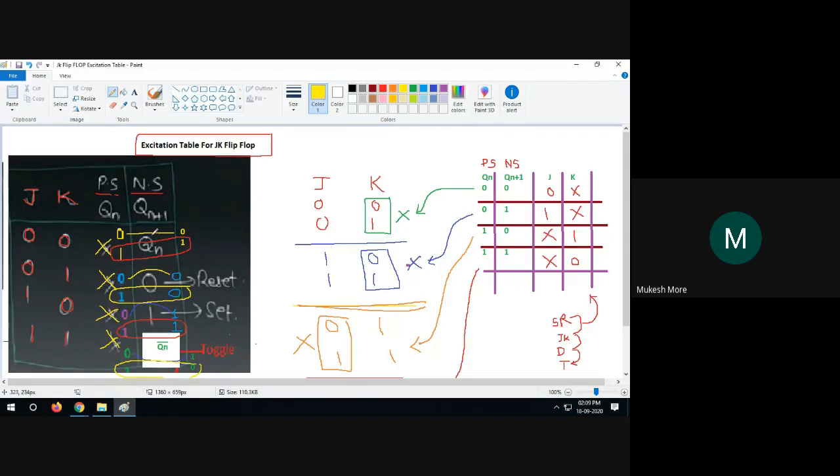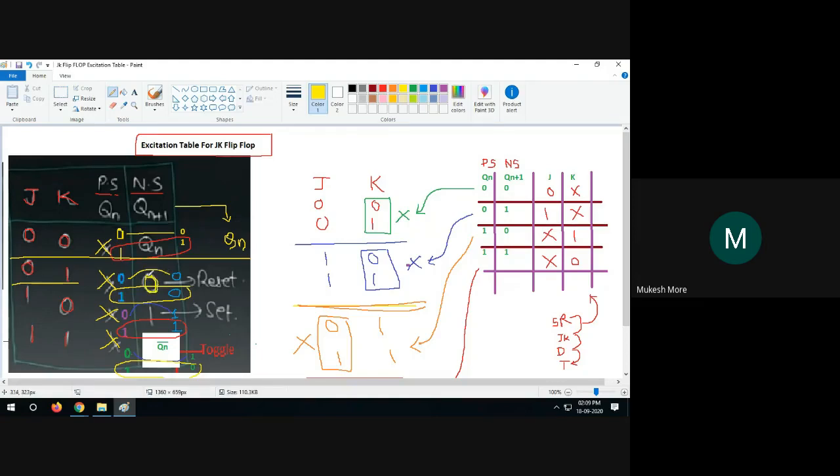Okay. Now, for the next state of JK flip-flop, if J equal to 0 and K equal to 0, then Qn is the output of your next state. If J equal to 0, K equal to 1, then the next state is 0.